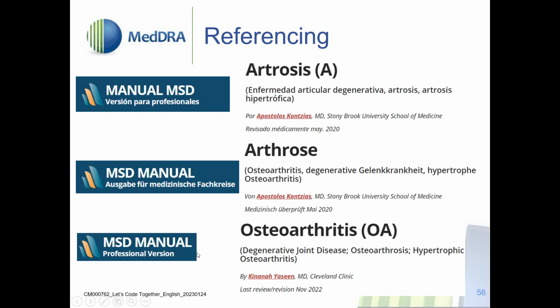In the English version of the manual, we see the same guidance as in Dorland's. Osteoarthritis is a degenerative joint disease. Synonyms are osteoarthrosis or hypertrophic osteoarthritis, but arthrosis is not considered a synonym of osteoarthritis. So in such cases, MedDRA will choose the prevailing use of the term and then classify accordingly.